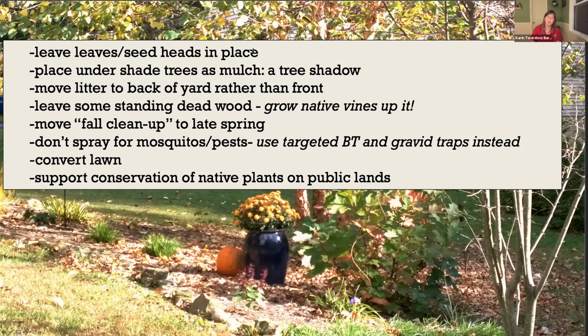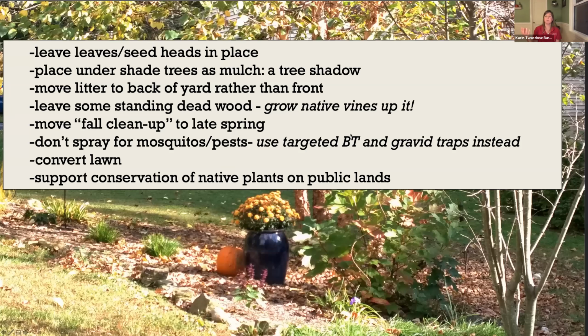place them under shade trees potentially, maybe move them from the front yard to the backyard, and create an area where that litter is creating an understory environment rather than being aesthetically unpleasing in the front yard if your neighbors don't like it. Potentially leave some standing dead wood for habitat.